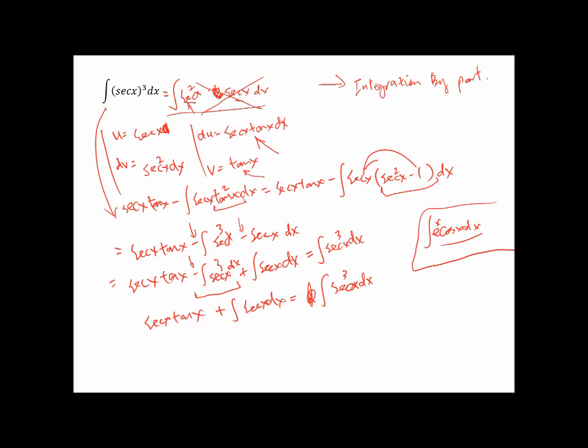So I need to divide by 2 here and then plus c. I got my question, right? This part is my answer. For the integral of secant itself, I just solved it into ln secant x plus tangent x. Plug this answer in directly, and I got my answer for secant cube.